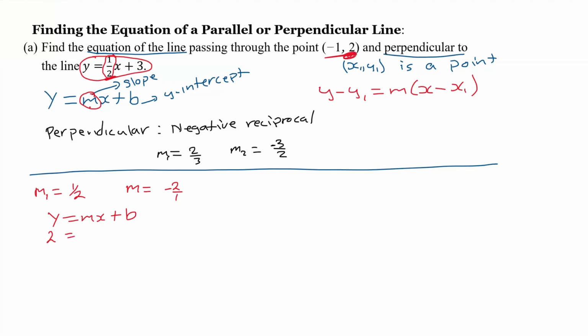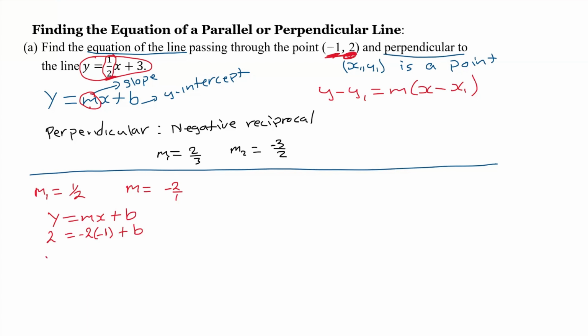And we can replace m with our -2 because we know that they're perpendicular, so the slopes are negative reciprocals. And we can replace x with -1, that's the value at the point. And we can then solve it for b because we don't know what b is.